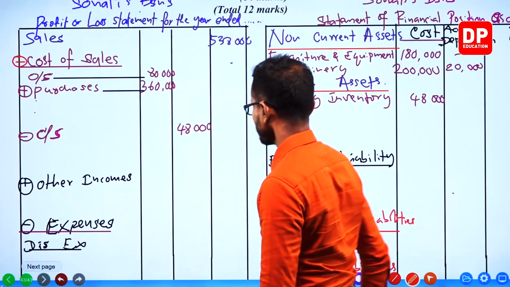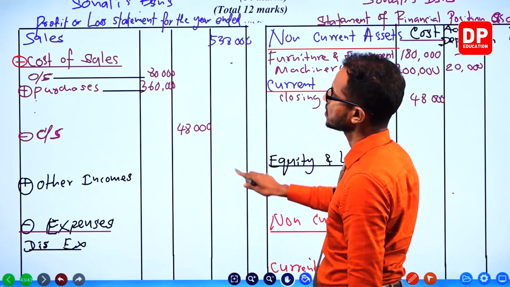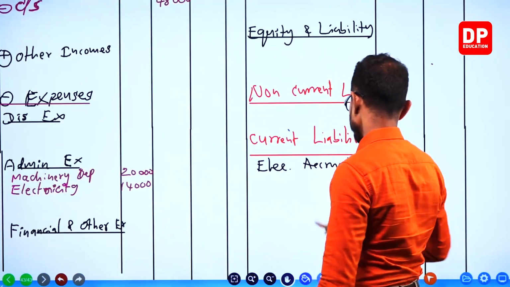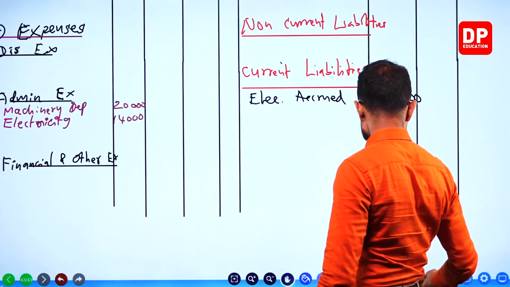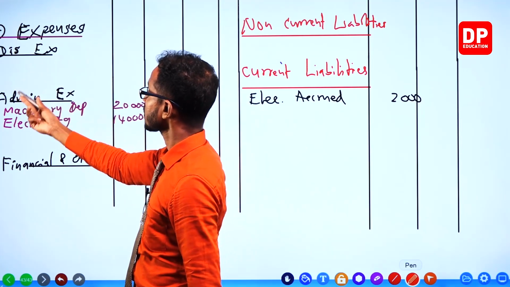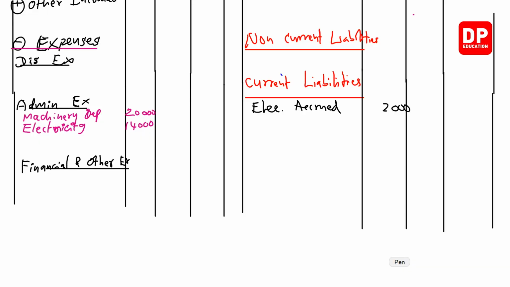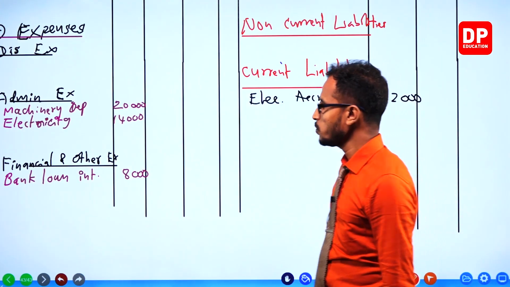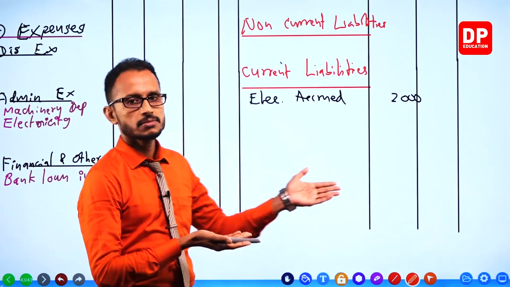First of all, enter under expenses that 8,000, financial expenses. This is bank loan interest, 8,000. Got it? Then you enter it because it's an adjustment.